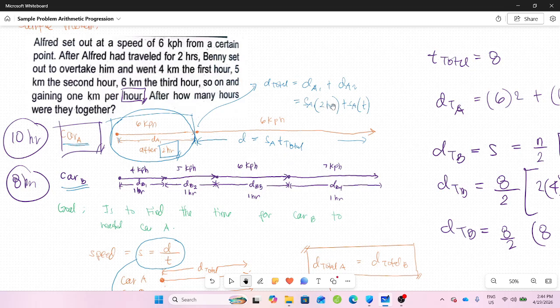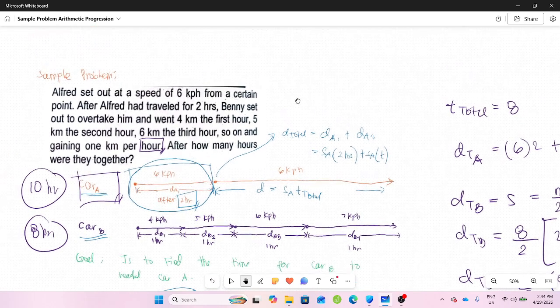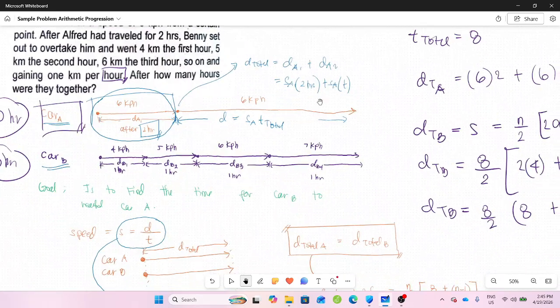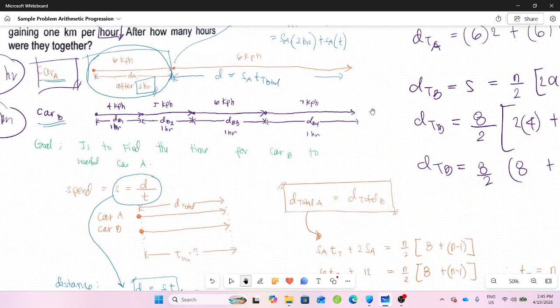That's a good example of how to use arithmetic progression in solving physics concepts. And hopefully, though my solutions are messy, you understand the logic behind how we solve this problem.